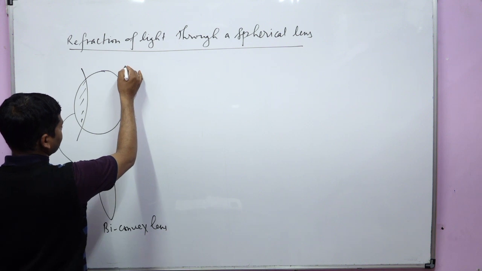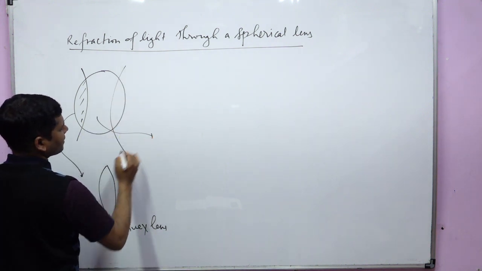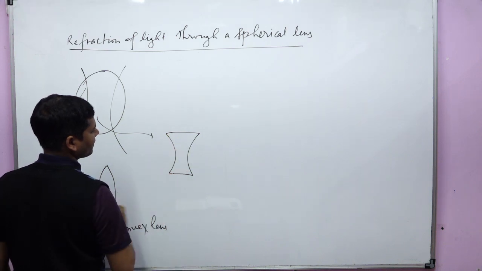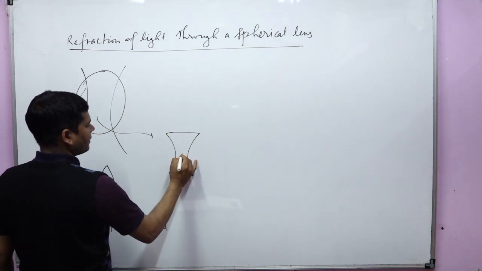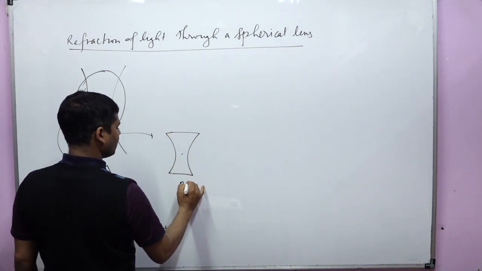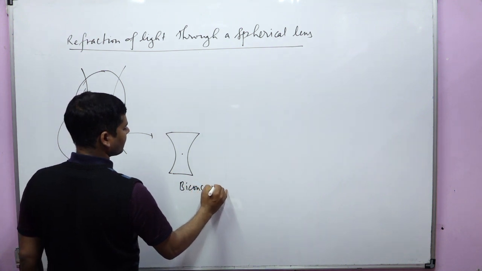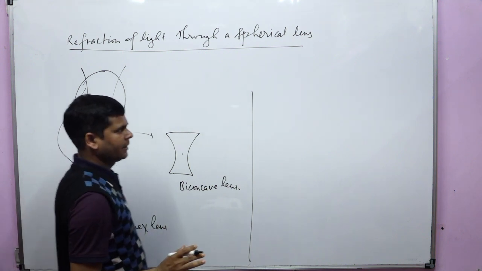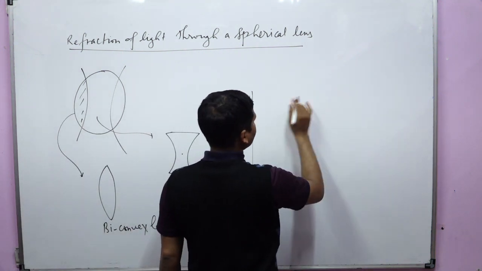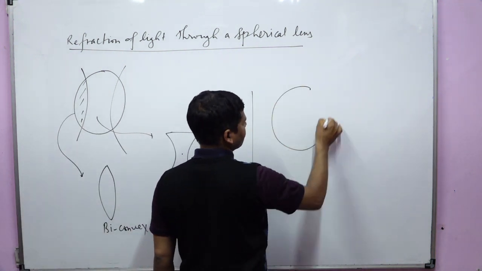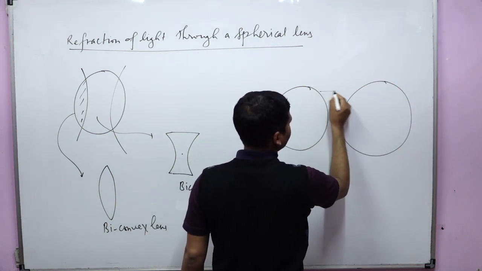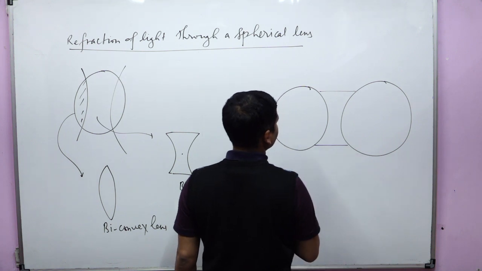Okay, just imagine from this portion which kind of lens you will get. You will be getting biconcave lens. So if I would like to simplify, two spheres, let us keep them in vicinity and let's just imagine.